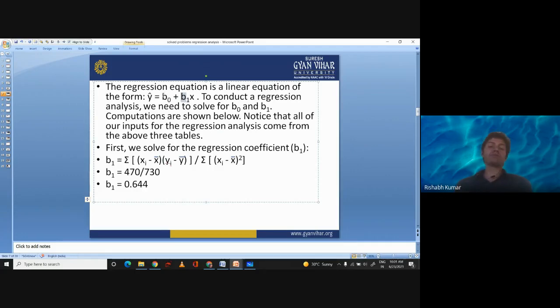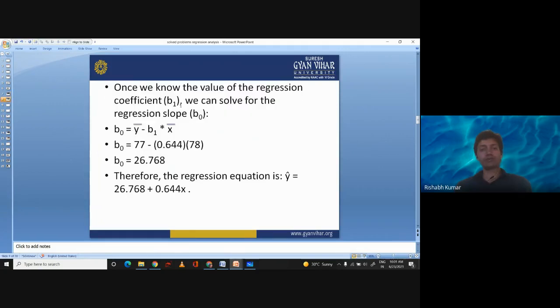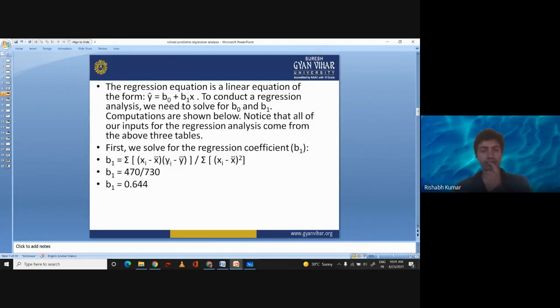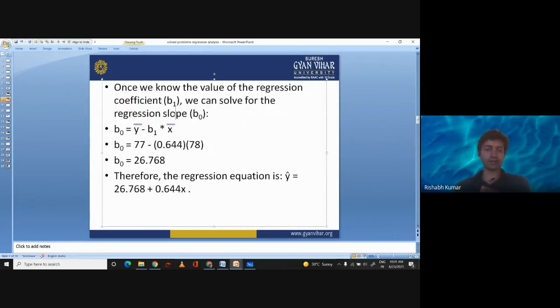The only value remaining is b naught, so we can find that. Once we know the value of the regression coefficient b1, that is the slope of the line, we can solve for the regression intercept. Here it should be intercept, not slope.